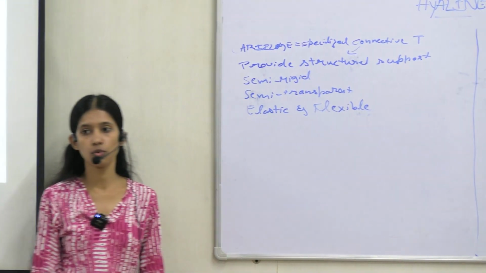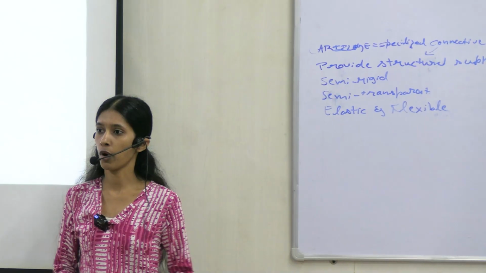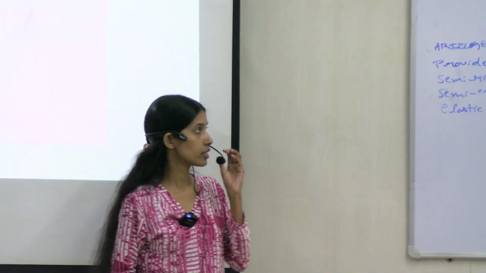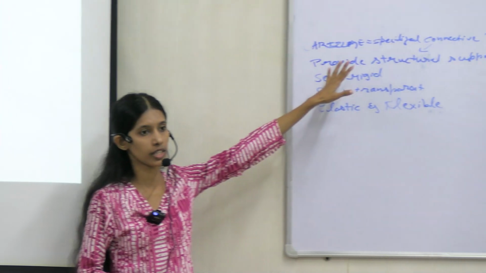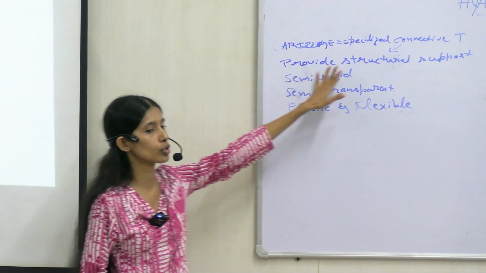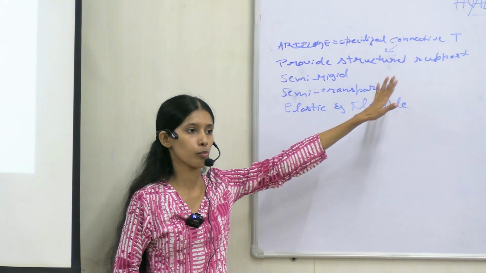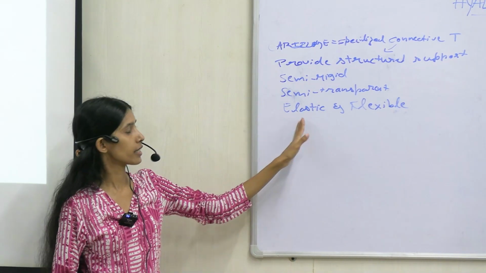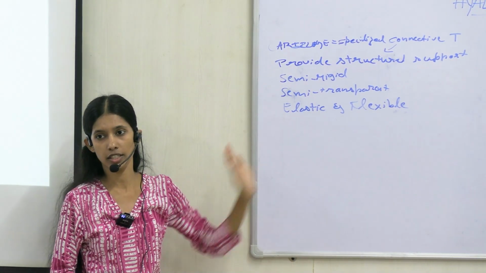So these are a few very basic points you should remember about the cartilages. Cartilages are specialized connective tissues meant to provide structural support. They are also semi-rigid and semi-transparent, and flexible and elastic in nature.